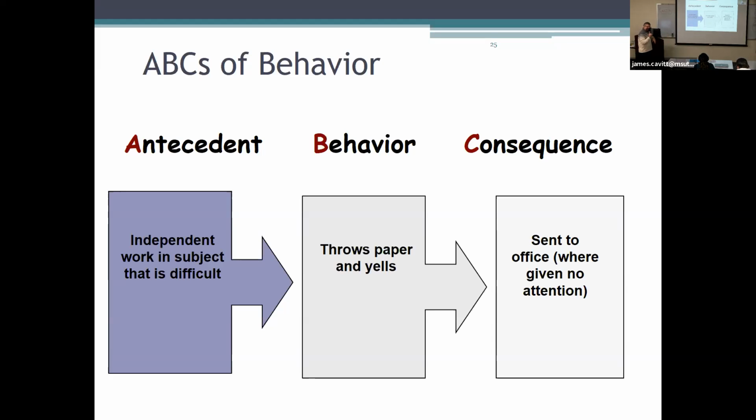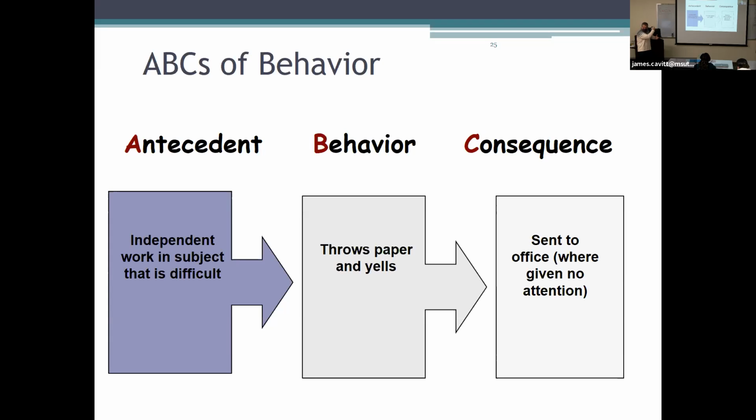Now, with any chain, you can intervene at different points to change the outcome. We can intervene at the antecedent level, at the behavior level, and at the consequence level. Any of those three places we can intervene to change the outcome of that chain of behaviors.